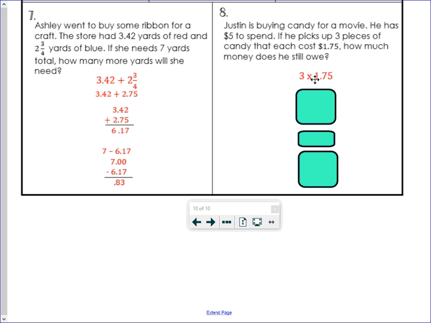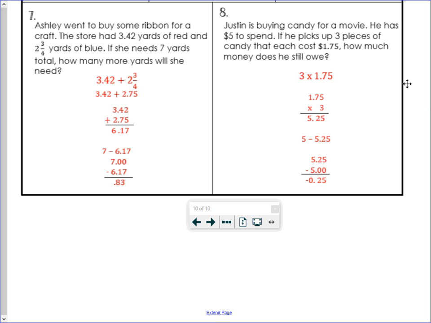That tells us how much money 3 pieces of candy are. So $5.25 is how much he would need to have, and he only has 5, so we're going to subtract those. In this case, he either needs to come up with a quarter, or he's only going to be able to buy 2 pieces of candy. So 25 cents is how much he owes.